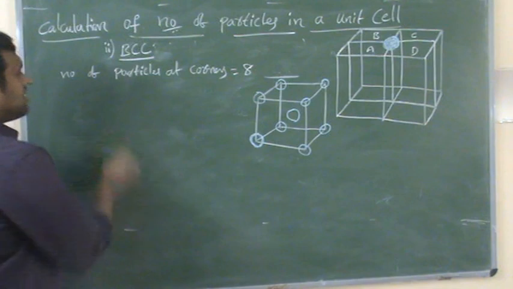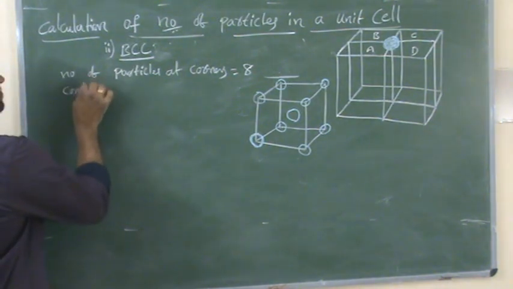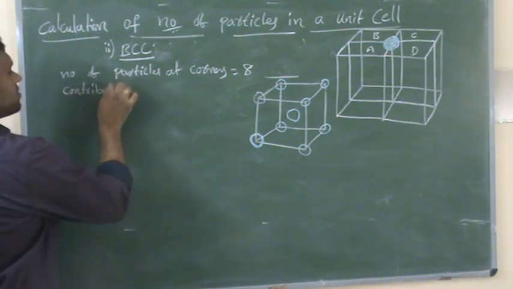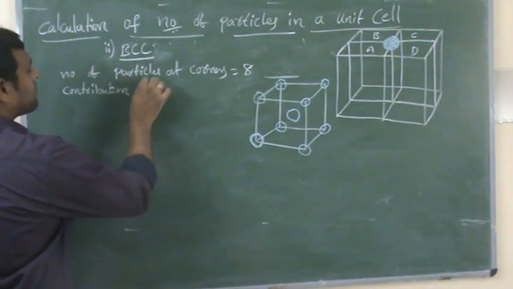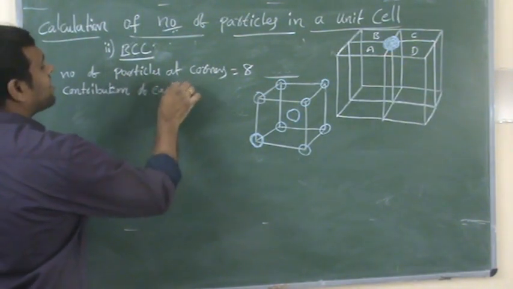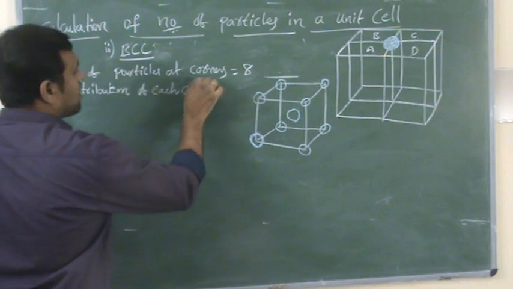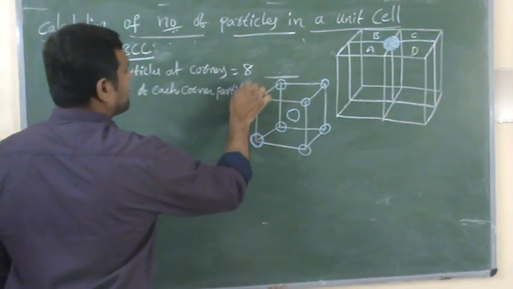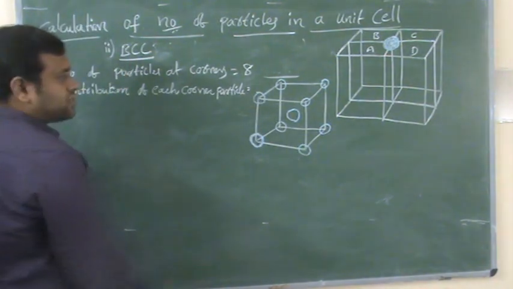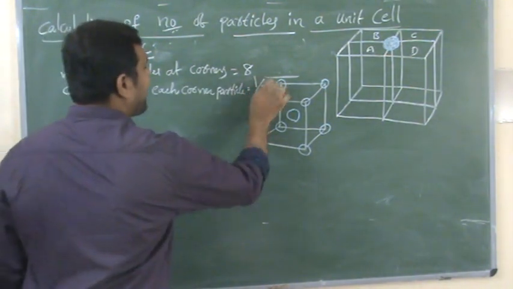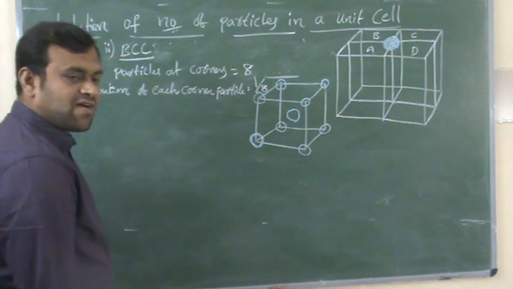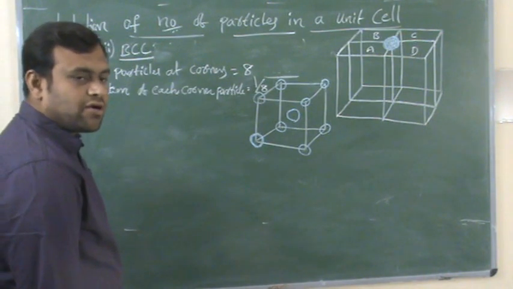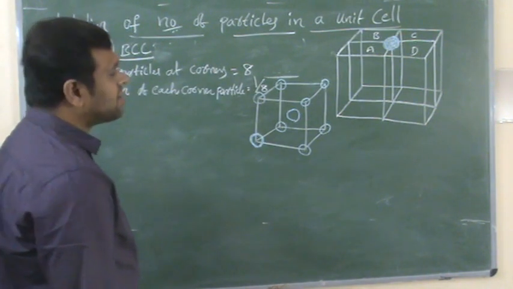Correct? Contribution of each corner particle is equal to how much? 1 by 8. Contribution of each corner particle is 1 by 8. Is it correct or not?